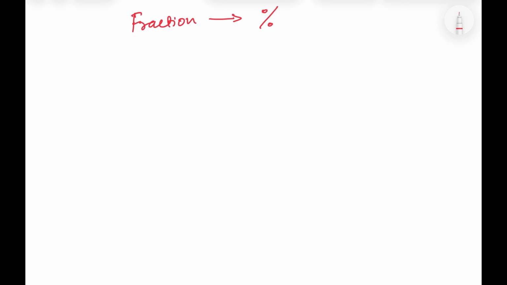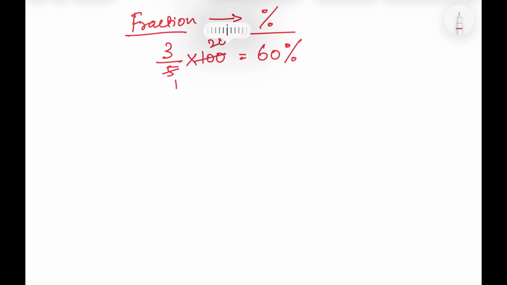So whenever you want to find a percentage, what do we normally do? We multiply by 100. So whatever is the fraction, suppose I take the fraction as 3 by 5. I will multiply by 100 and then simply find the answer. How much is it? 60%. So to convert fraction into percentage, we simply multiply by 100.